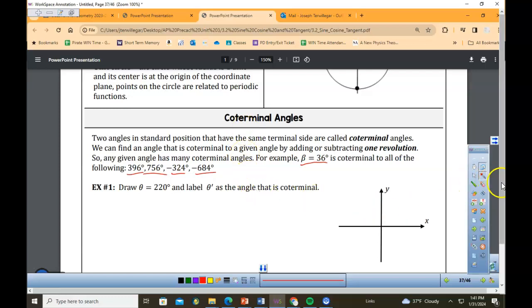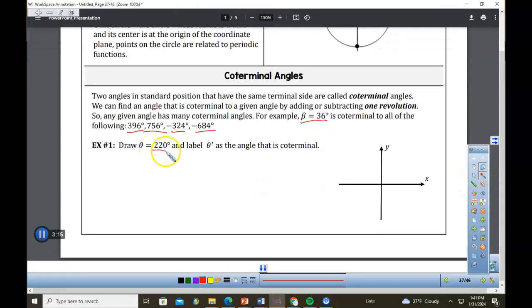Let's try it. Let's draw an angle of 220 degrees and then write a coterminal angle. So we all know I have to start on my initial side right here. I'm going to go 180 and then 40 more degrees.